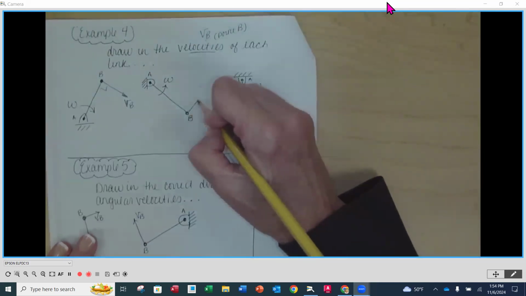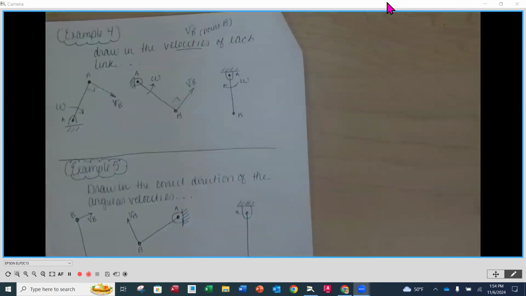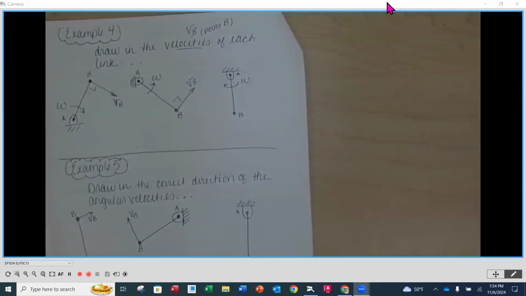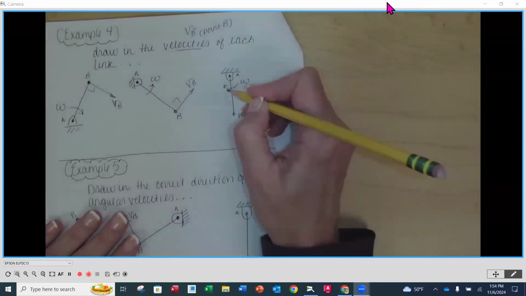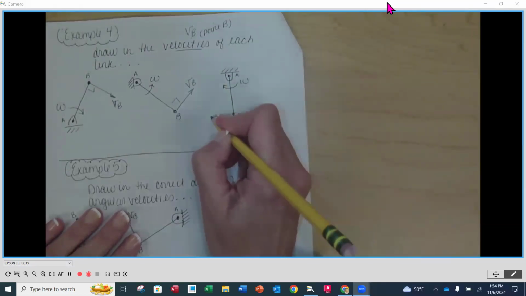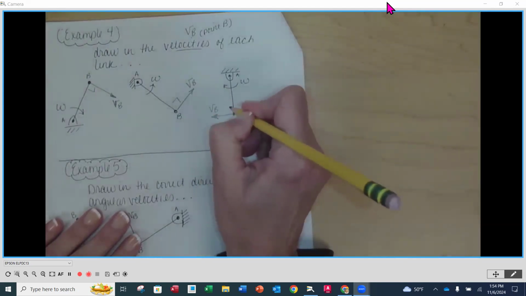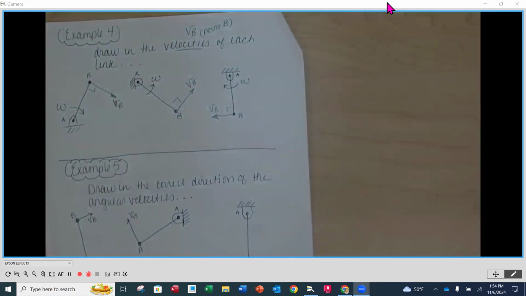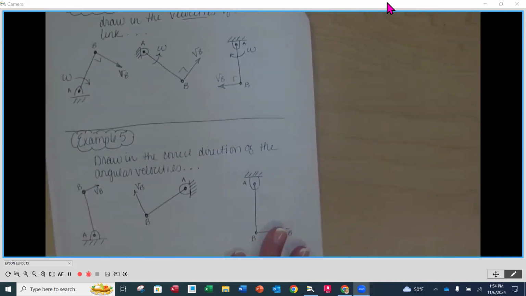So this one is going to be VB, perpendicular up and to the right. And then our third one here, this is a vertical one. It's going in a clockwise direction. So VB is going to be going to the left here, perpendicular again to that link. Questions?